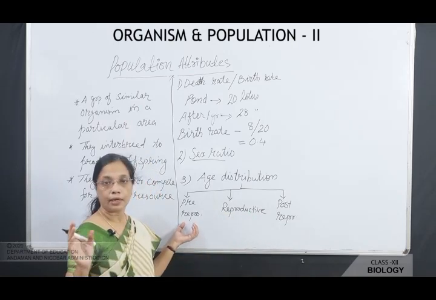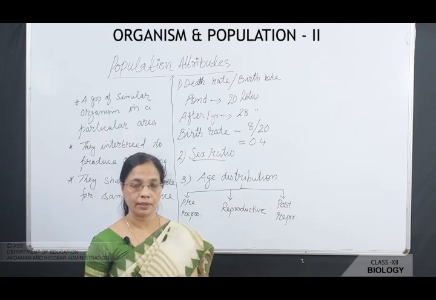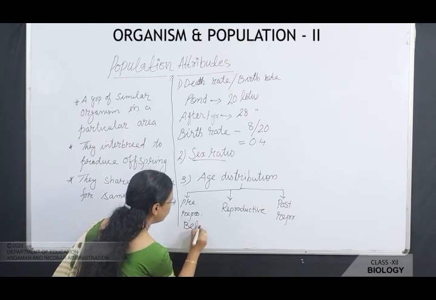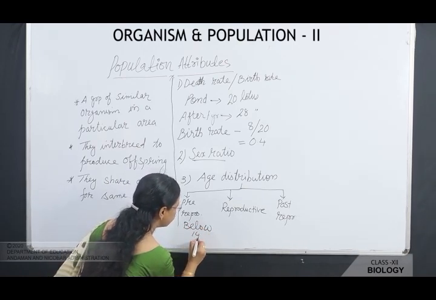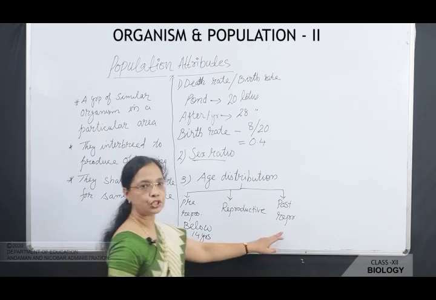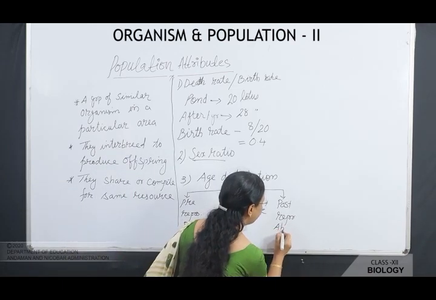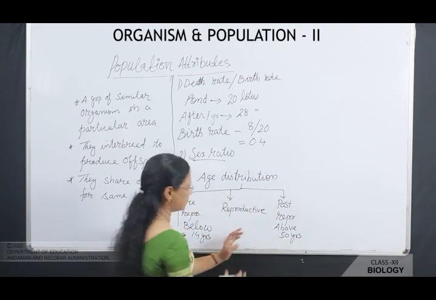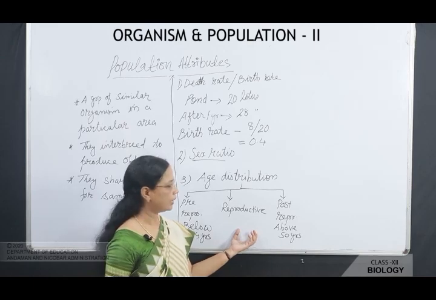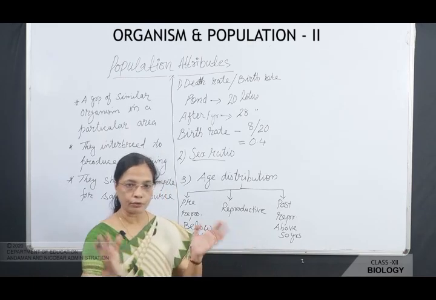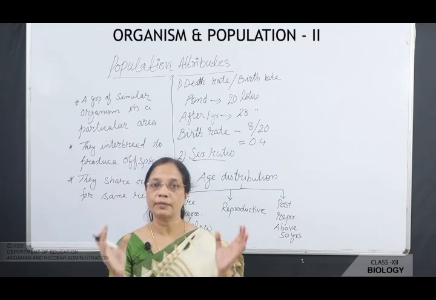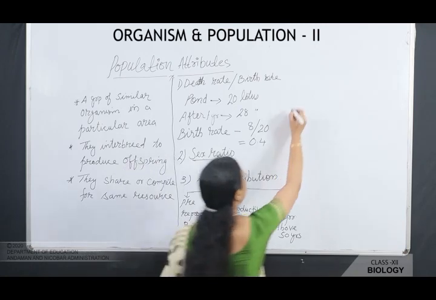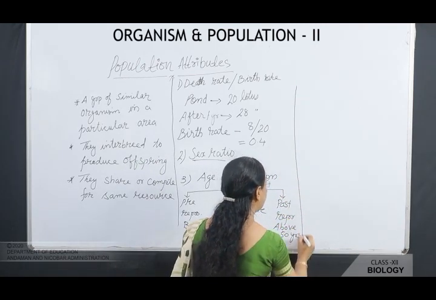Suppose when we talk about human beings, the pre-reproductive age is below 14 years and the post-reproductive age is above 50 years. In between these age groups comes the reproductive age. Now, when we group these particular age groups in one bracket we get a pyramid. That is known as the fourth attribute, the age pyramid.